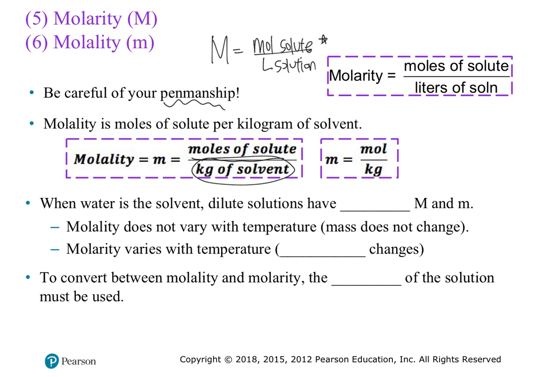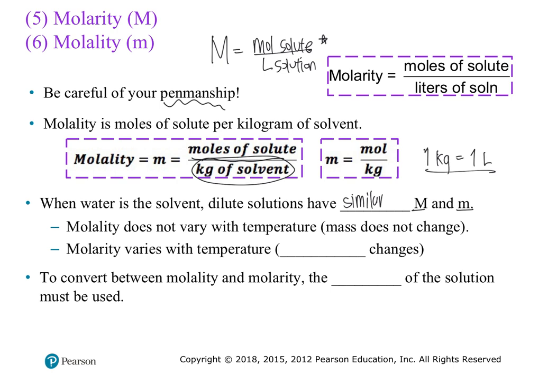Now if we happen to be using water as our solvent, and this is a very dilute solution, then our molarity and our molality will be very similar, because 1 kilogram of water is equal to 1 liter. So if it's a dilute solution where I don't have very much solute and most of my mass and most of my volume comes from the solvent, then this is going to be the case.